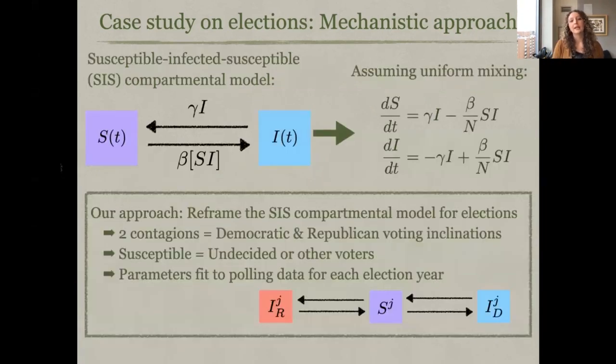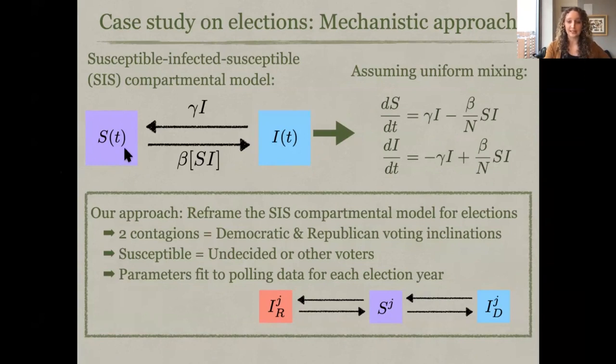So the approach that we used to develop a model for forecasting elections in a more mechanistic way was to build a model on the susceptible, infected, susceptible compartmental model, which we are all probably more familiar with now than we wanted to be a year ago. This is a model that is commonly used to study biological diseases, where what you do is break your community up into two groups.